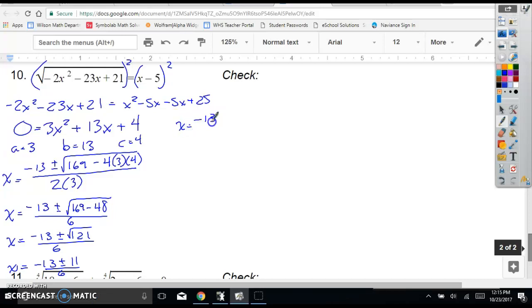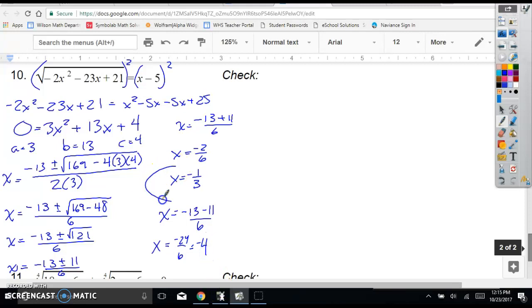One is negative 13 plus 11, all divided by 6. So that's negative 2 over 6, which is negative 1/3. My second solution will come from x equals negative 13 minus 11 all over 6. And that would be negative 24 divided by 6, which is negative 4. So I have two answers to check. Those are the two.